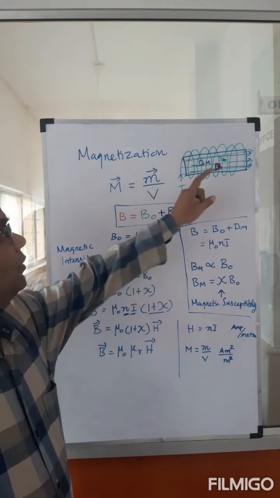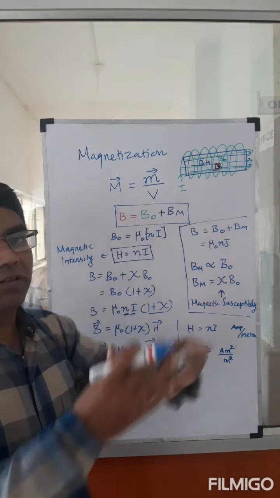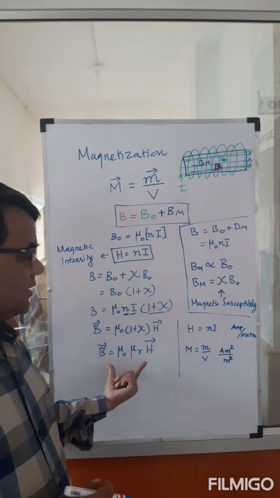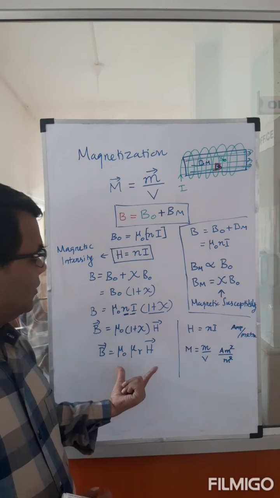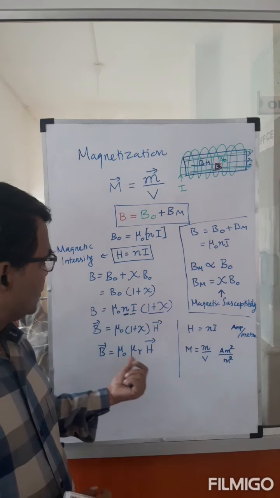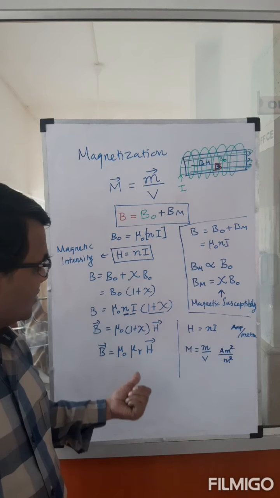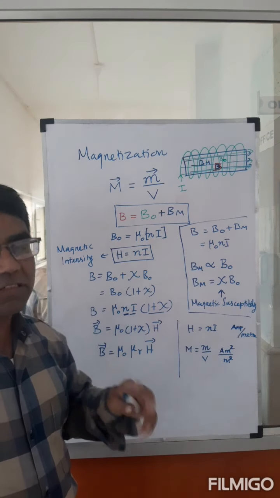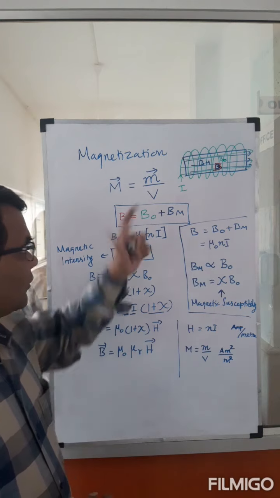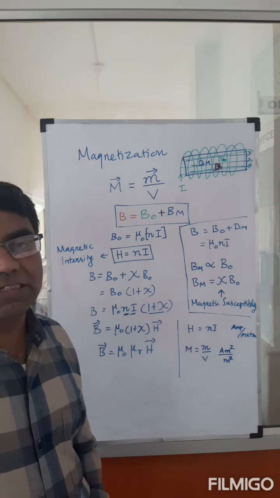So the magnetic field inside this solenoid can be given by this expression: B is equal to mu naught into H. So mu naught is the permeability of free space, and mu r is the relative permeability of the material, and then H is the magnetic field intensity.